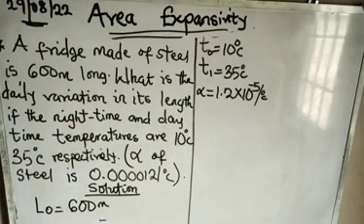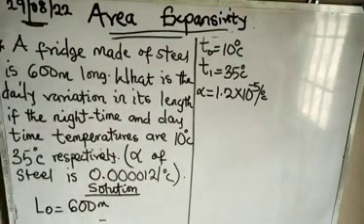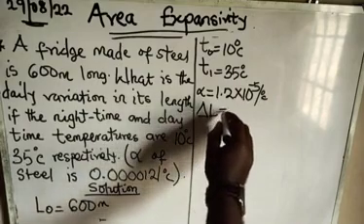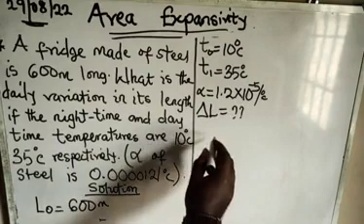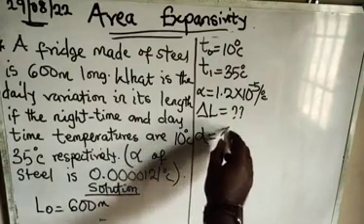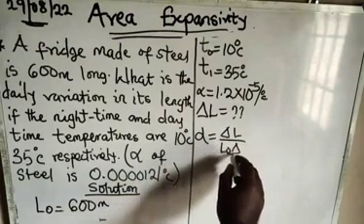Okay, now what are we asked to find? The daily variation in its length, and it means the change in length. That's by how much the length of the bridge changes on a daily basis. From the formula I gave to you, alpha, the linear expansivity, is equal to the change in length all over the original length times the change in temperature.